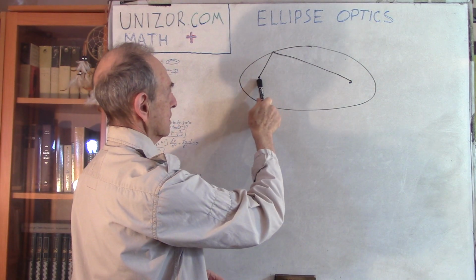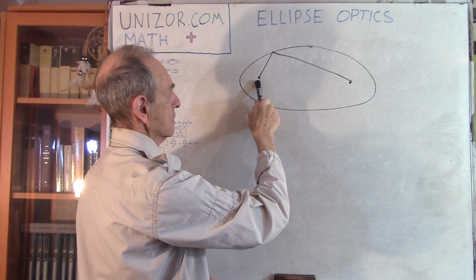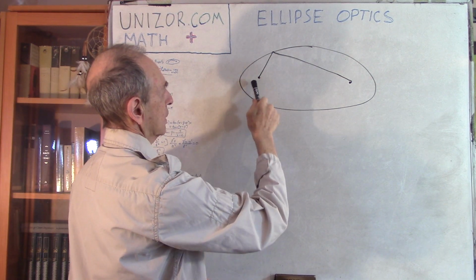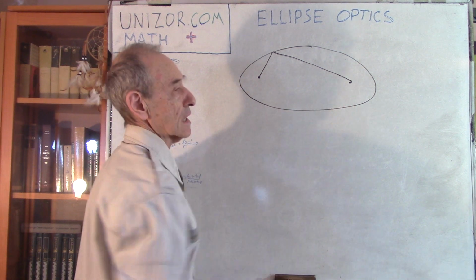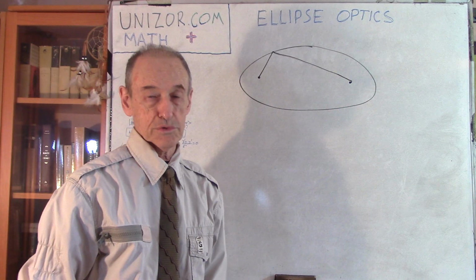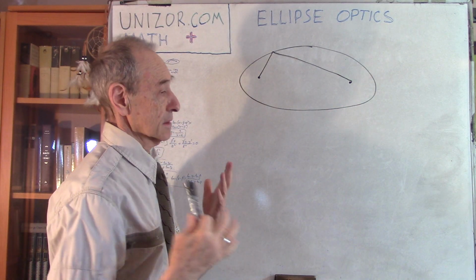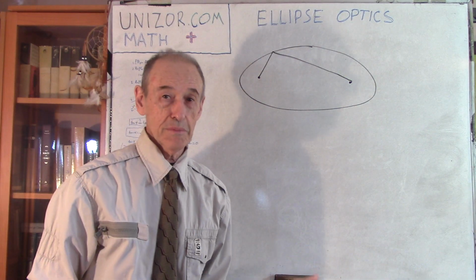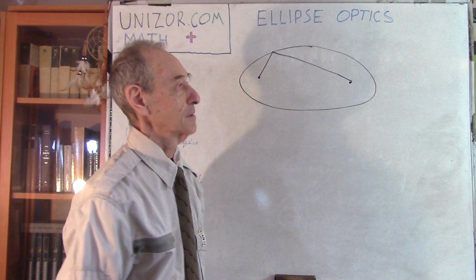It takes any ray from one focus, this one or that one, it's reflected, and the result will be in the other focus point of the ellipse. And what this lecture is about is to prove it.